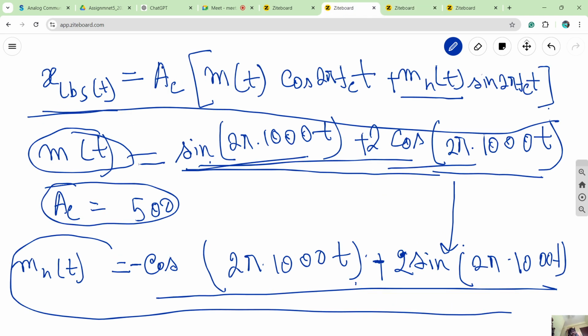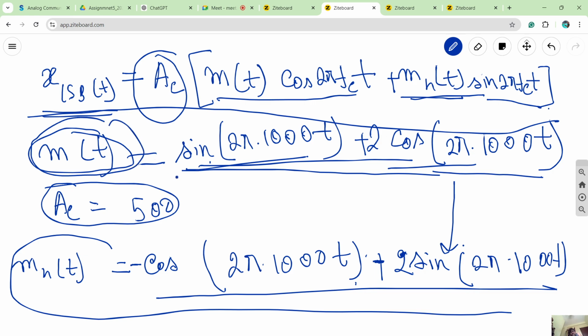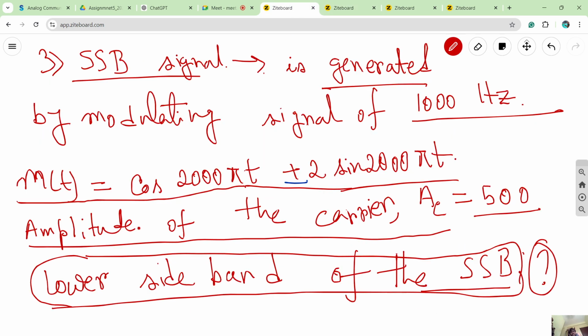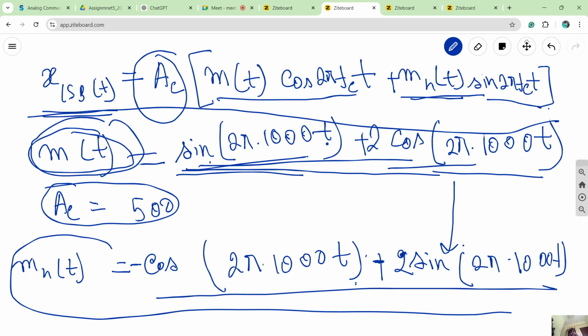The LSB side is actually the carrier multiplied by the signal with the cos part and with the Hilbert transform with the sine part. Then you know what the message signal m(t) is. That is written here. Sorry, we have mistakenly written it as sine.